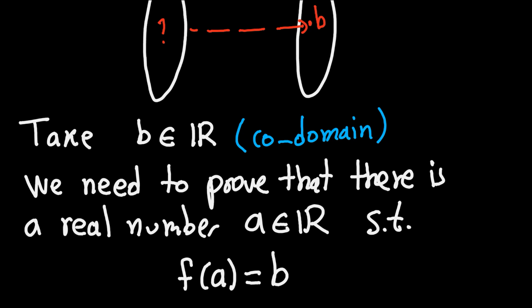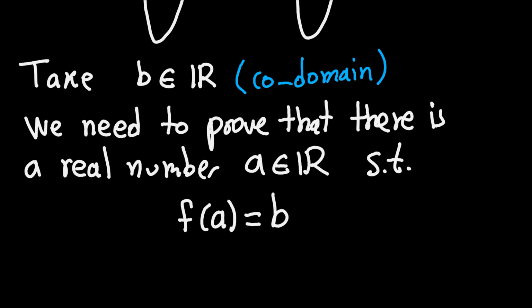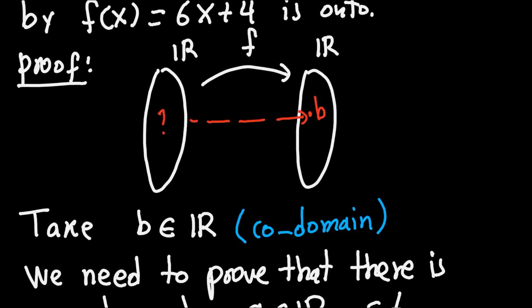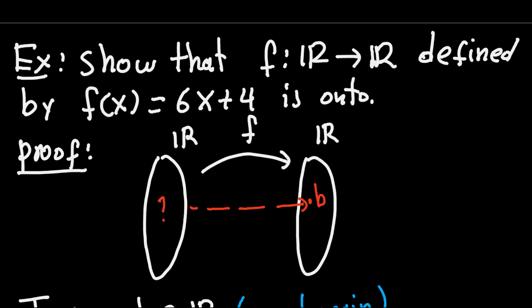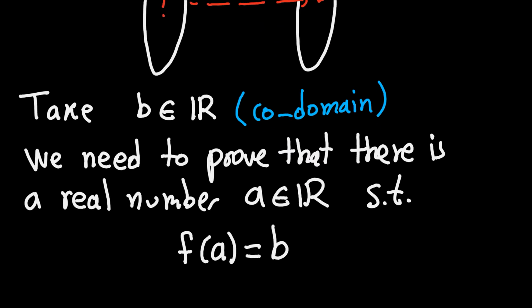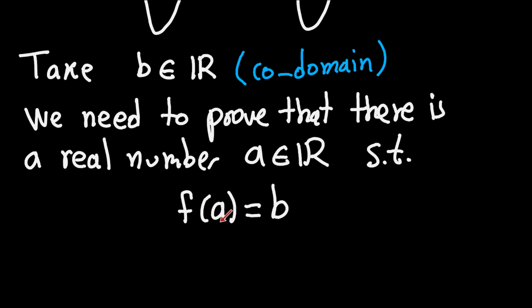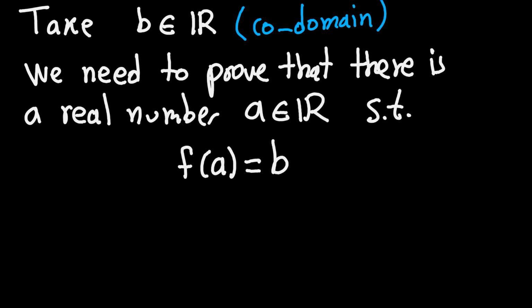Now, we know exactly what the function does. f of any number is 6 times the number plus 4. So I have to produce a real number that's going to give me b. What I'm going to write down right now is not going to be part of the argument. It's going to be part of what you do on the side to know what a will be.